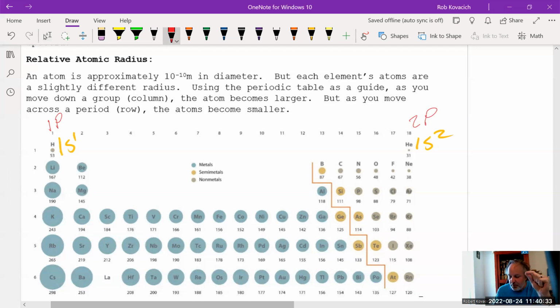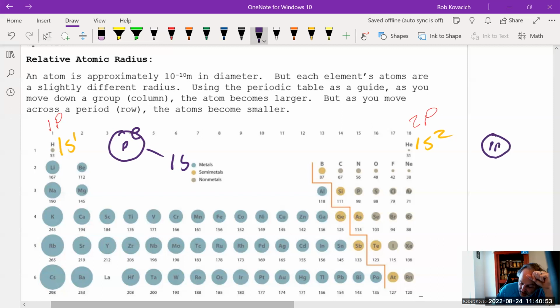And the other important part about this is, where did that electron go? So in my hydrogen atom, if I have my hydrogen nucleus here with its 1 proton, here's my electron. That's the 1s sublevel. Okay, what about my helium? 2 protons. It has both of its electrons in the 1s sublevel.